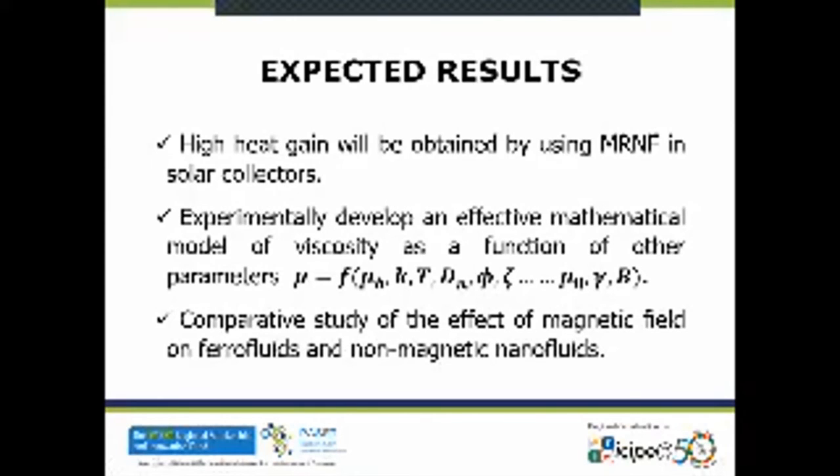I also need to make a comparative study of the effect of magnetic field on a magnetic and non-magnetic fluid.